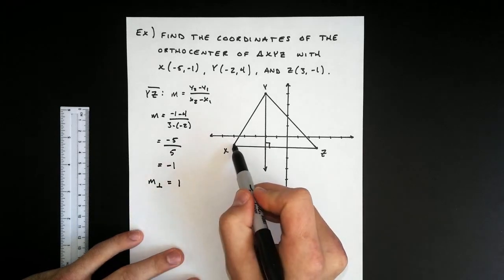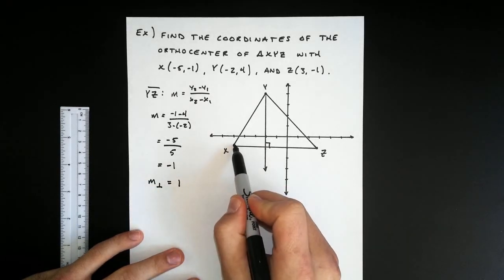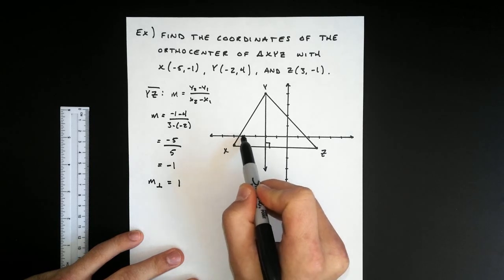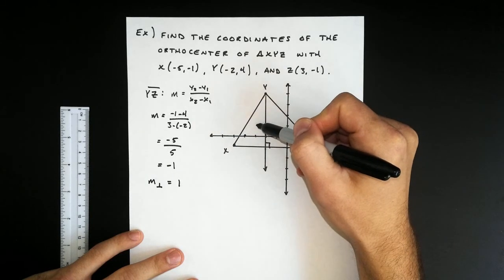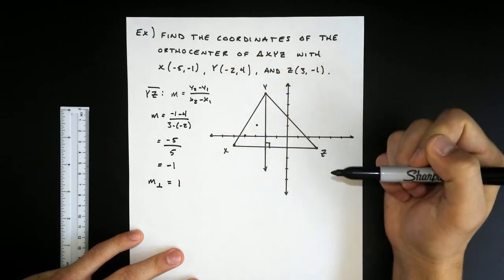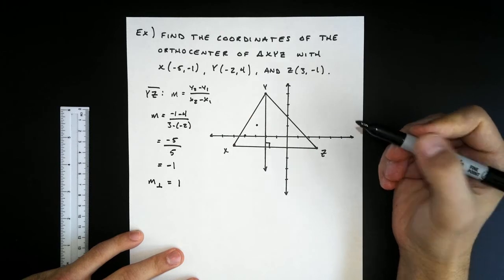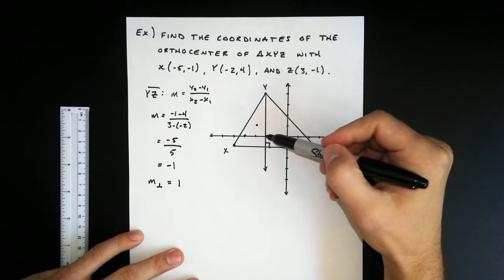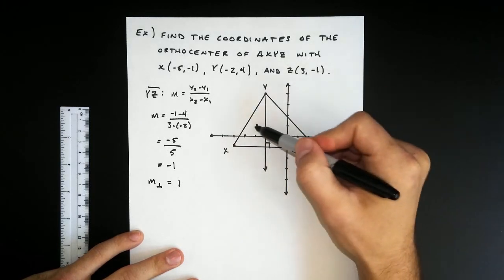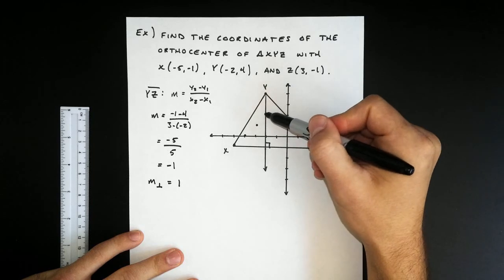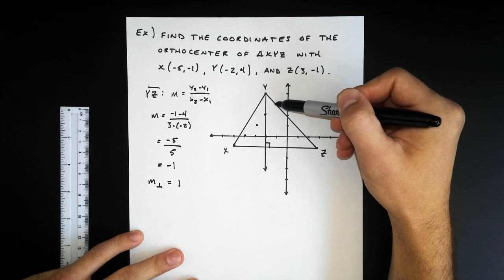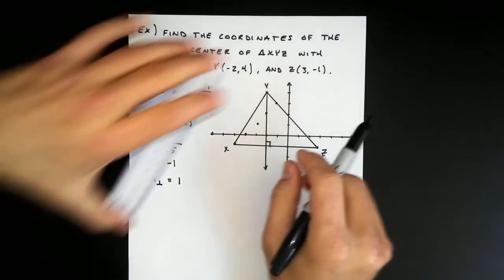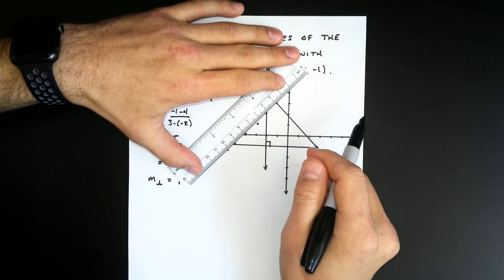So I can start from my vertex X, use that slope of positive 1, go up 1 over 1, up 1 over 1 here, and if I keep doing that, that's going to give me some points that are going to be on the line, which is my altitude for this triangle. So we go up 1 over 1 again, and up 1 over 1 here. And if I draw on the line, that is our altitude.